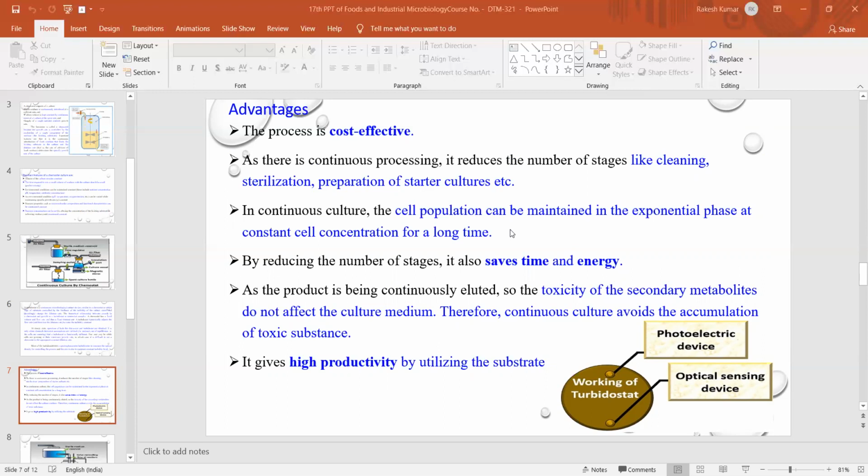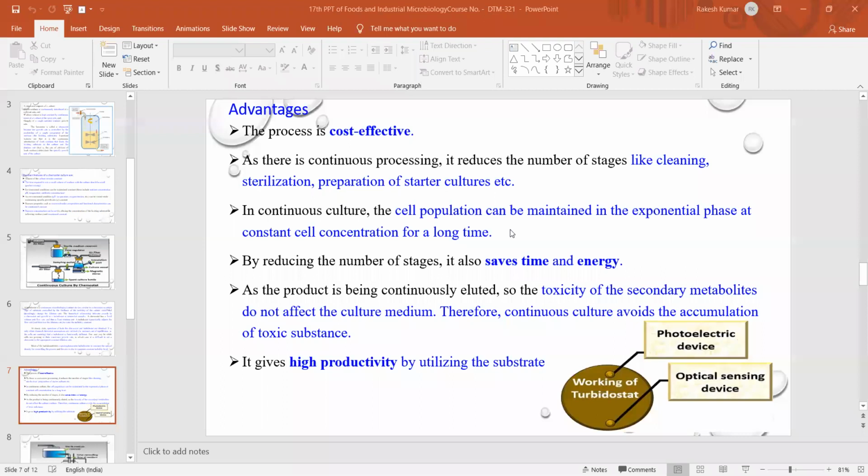So automatically in this case, you can maintain a very good population inside the chamber, and you can produce a good amount of final product within a specified time. By reducing the number of stages, it also saves time and energy.